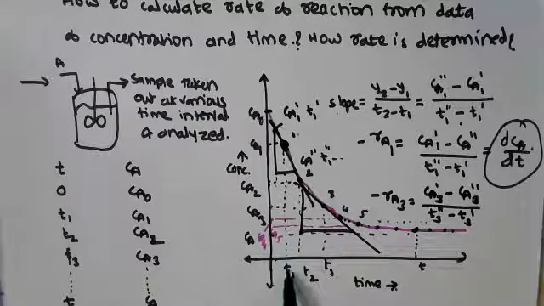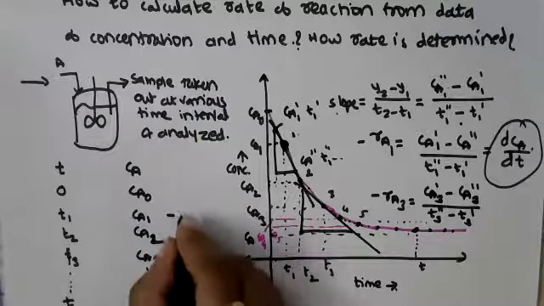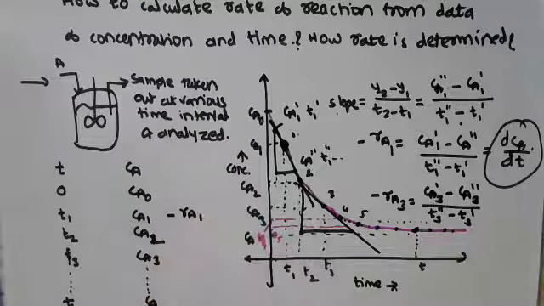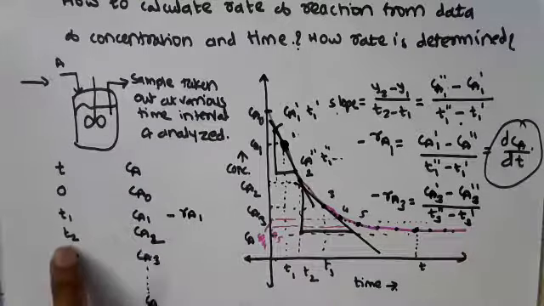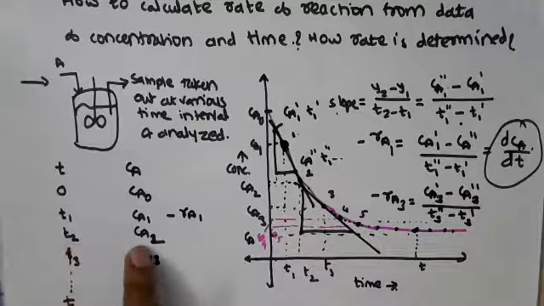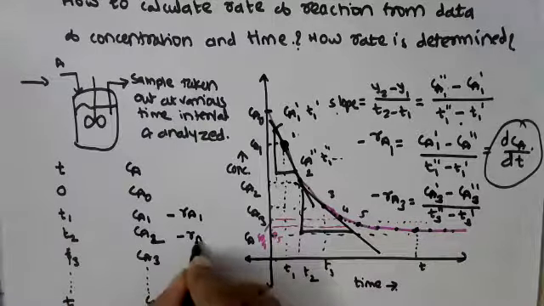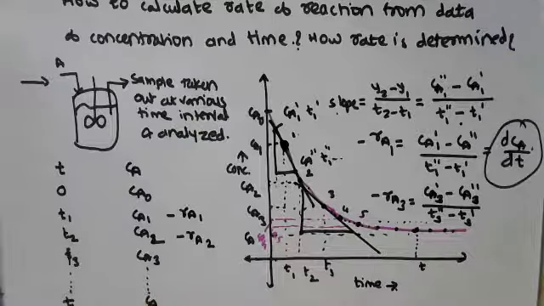So at time t equal to t1, the tangent was drawn, and the slope corresponding to this is equal to the rate of reaction at point number 1. At point 2, t2, if the tangent is drawn and the slope is determined, that will correspond to minus Ra2.